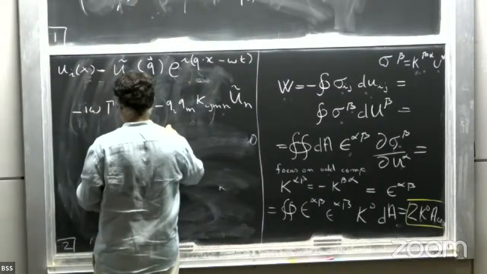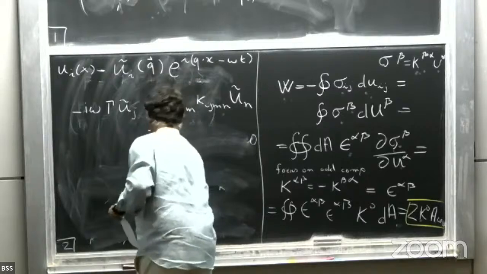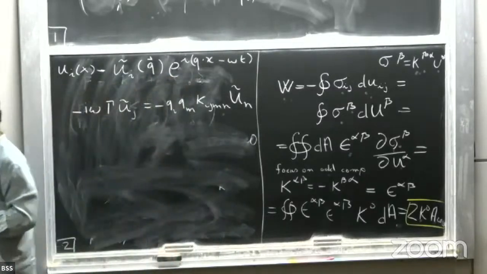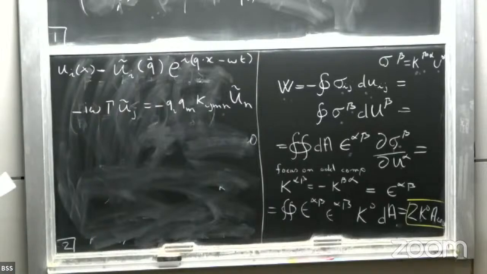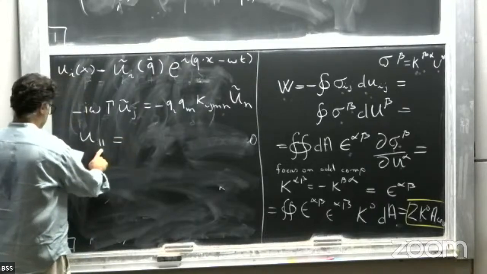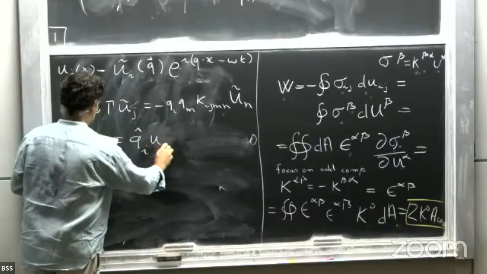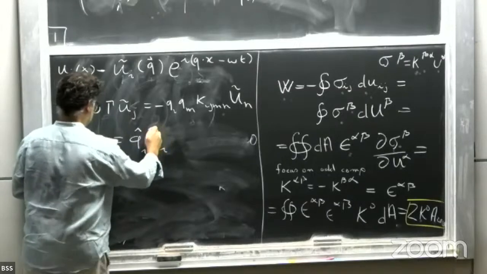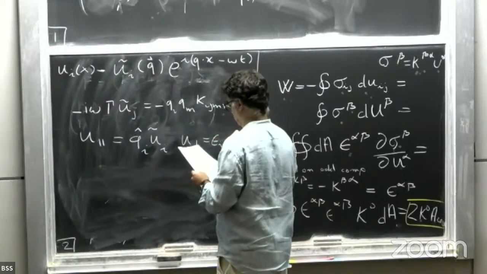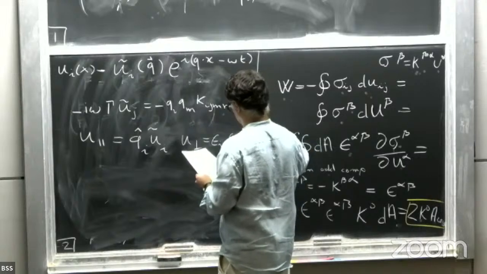But if you plug in the choice for this object, the final expression that you get is simply q squared. Sorry, I want to do one more thing. I want to simplify my life. I want to introduce longitudinal and transverse component of u. In particular, I'm going to introduce a variable that I call u parallel, which is q_i u_i tilde, and u perpendicular, that is epsilon_ij q_i u_j.